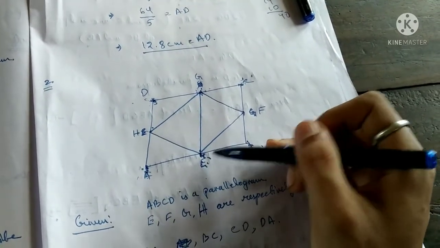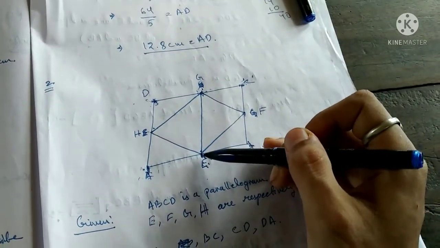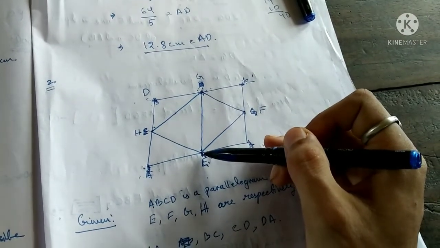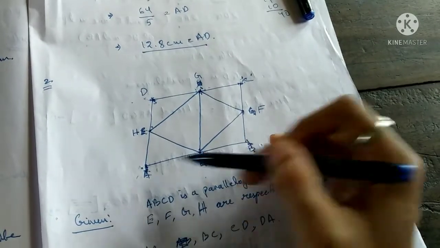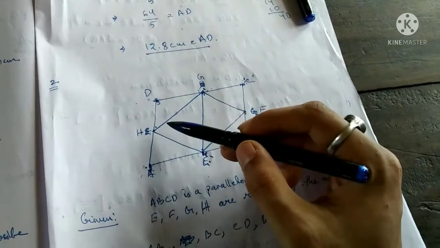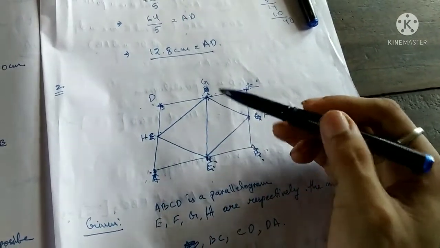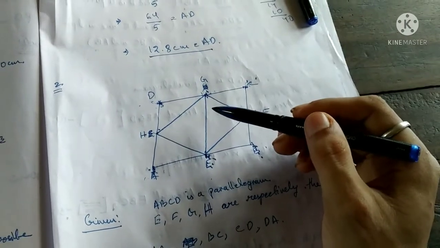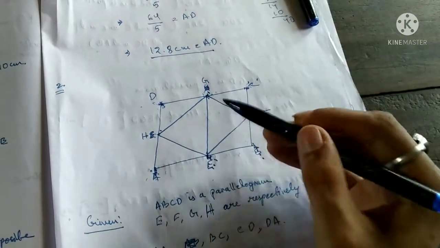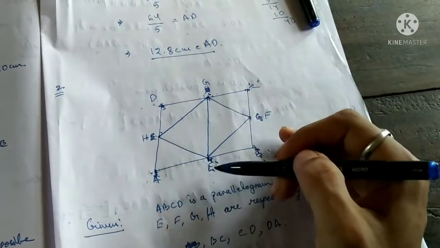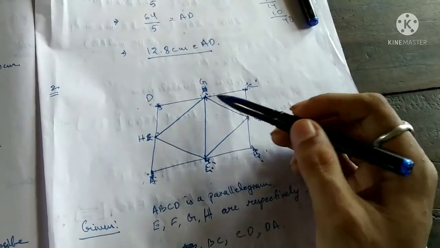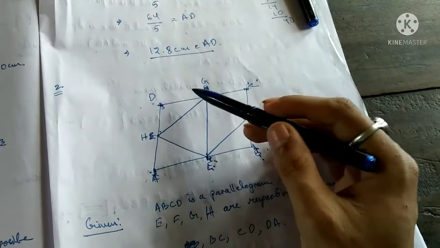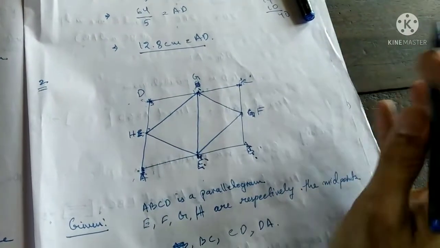So I can say that area of triangle EHG is equal to half area of AEGD, because I know that if a triangle and a parallelogram are on the same base and between the same parallels, then the area of the triangle will be equal to half area of the parallelogram. That one I will write equation 1.